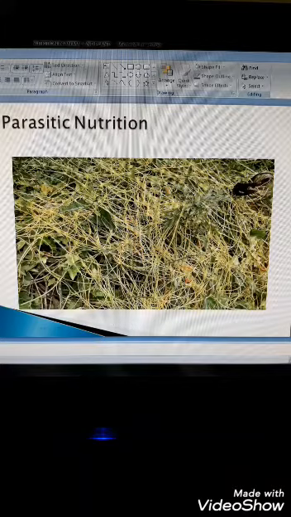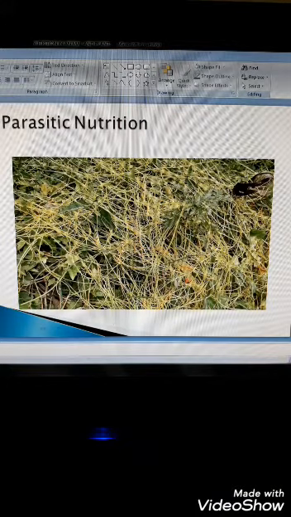Fine. So the thread-like stems twine around the stem and branches of a tree on which it climbs. Now it has a special structure or a root, you can say, that we call haustoria, which pierces into the host, that is the plant on which the parasite grows and obtains nutrition, for absorbing ready-made food.